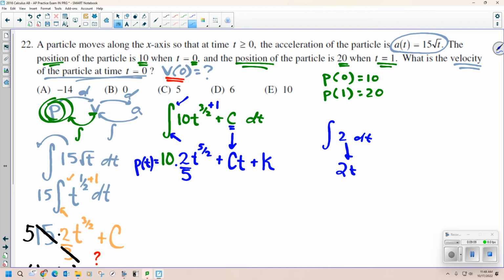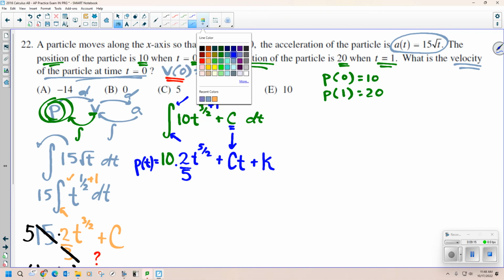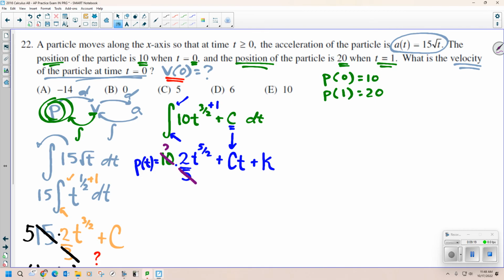Let's clean up what we can. We're doing good. You're hanging in there. This is a rigorous problem. 5 goes into 10 twice. 2 times 2 is 4t to the 5/2 plus ct plus k. That equals my position.